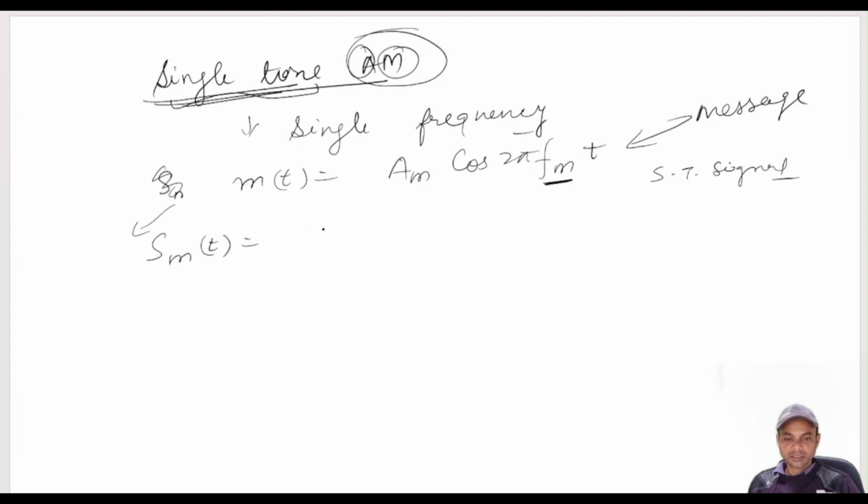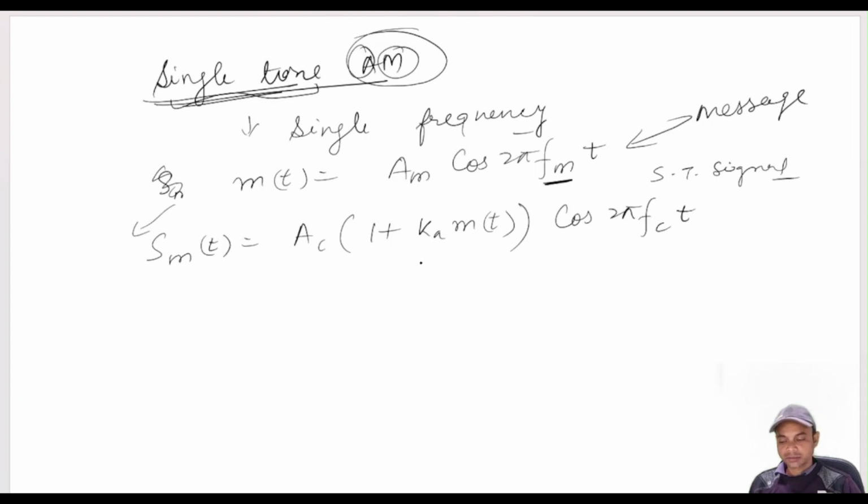s(t) we have already seen in the case of multitone. Similarly, we can write the formula for single tone AM, and that will be Ac (1 plus Ka m(t)) cos 2 pi fc t.